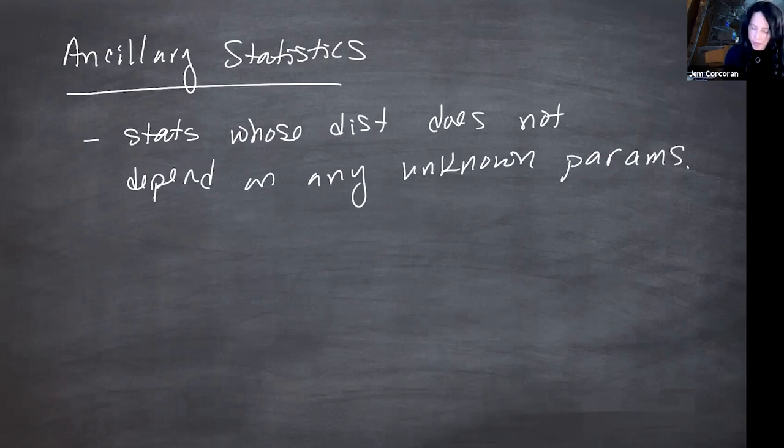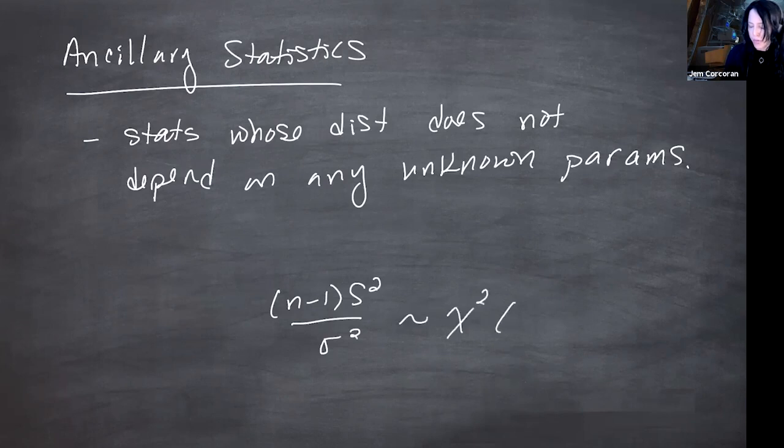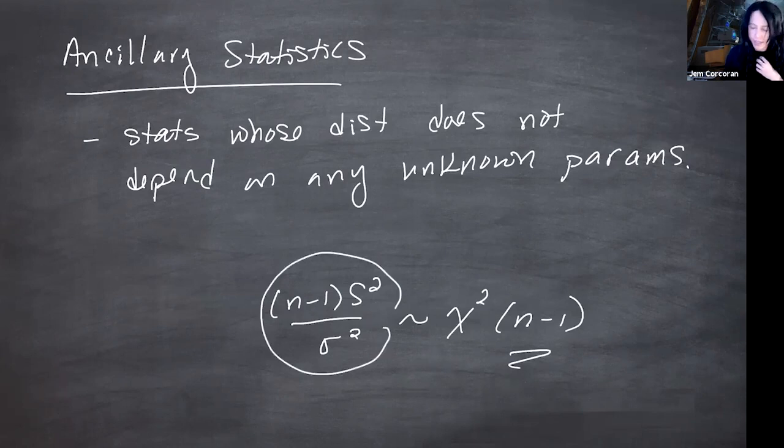Some of you might be thinking of the normal distribution, where n minus 1 times the sample variance over the true variance is chi-squared n minus 1, and this is unknown parameter free. But this doesn't count as a statistic because it has a parameter in it, but it would count if that parameter was fixed and known.